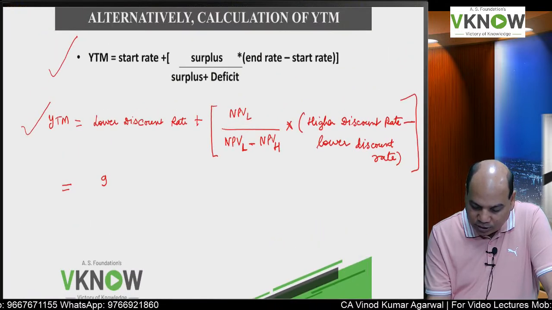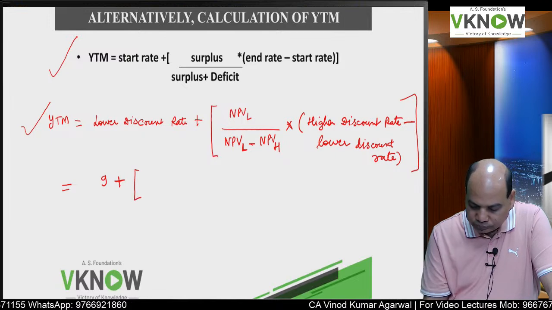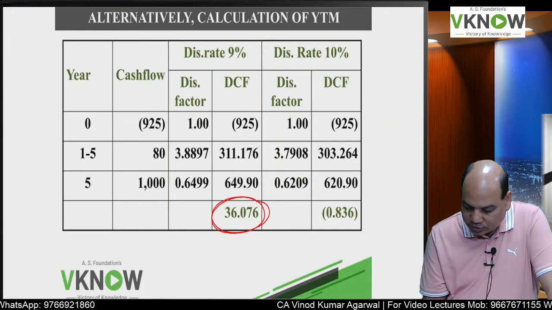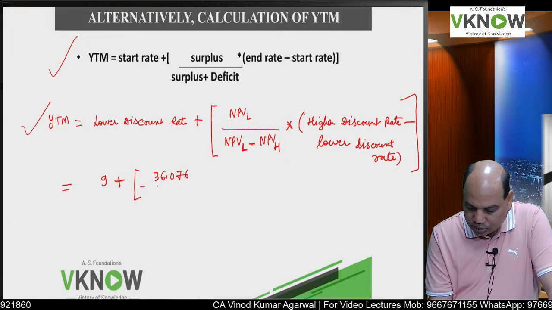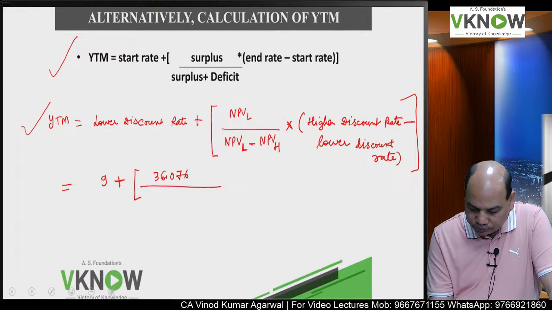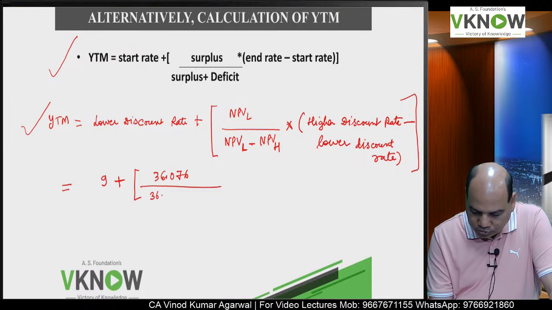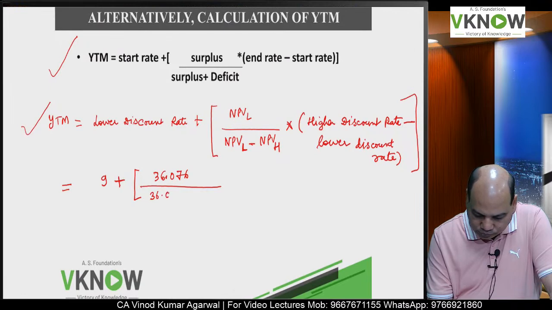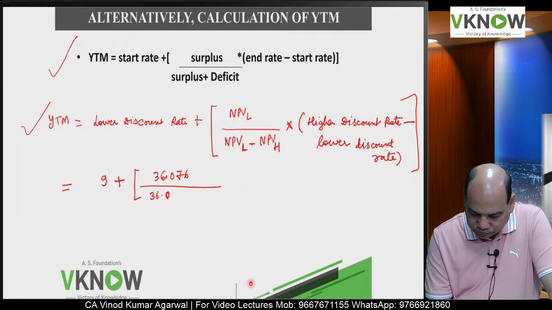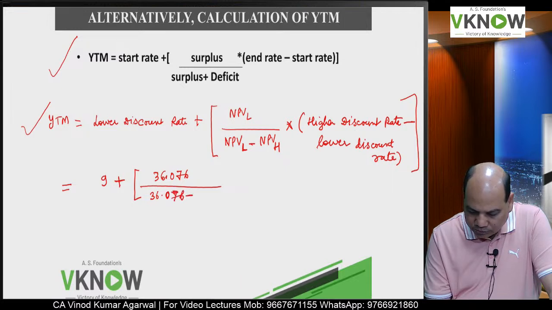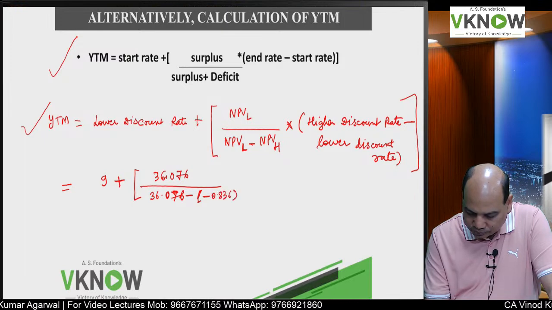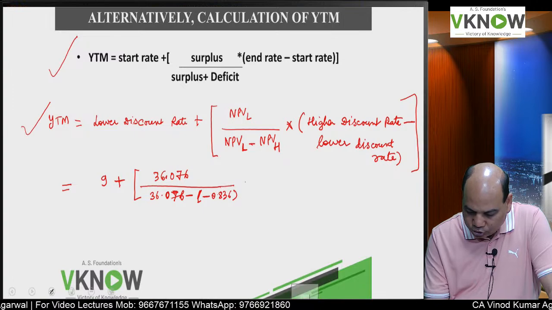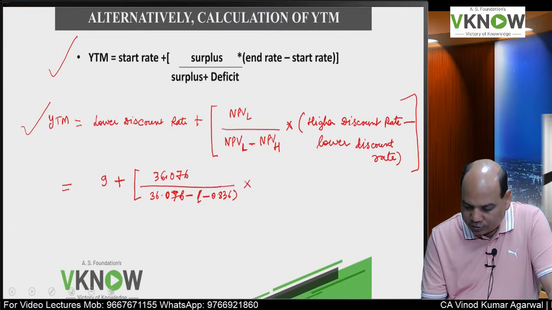And what was the NPV at the lower discount rate? 36.076. 36.076 upon 36.076 minus, in bracket again minus, how much was that? 0.836, into bracket 10 minus 9.